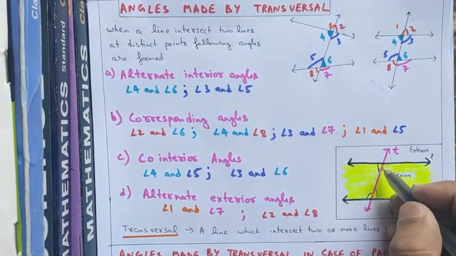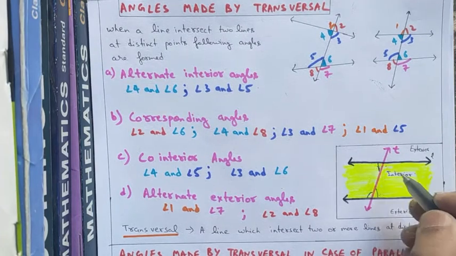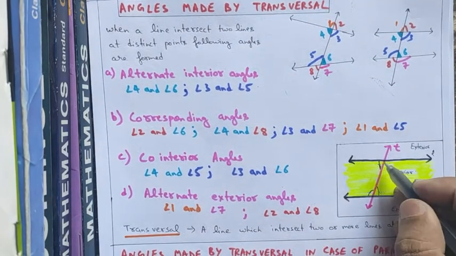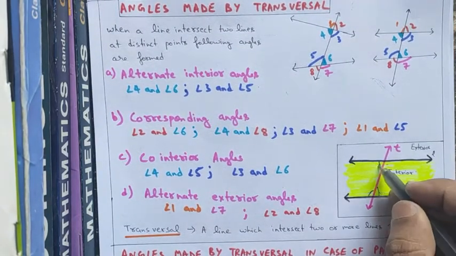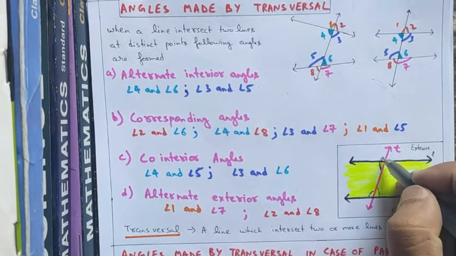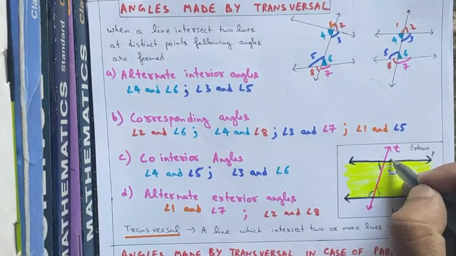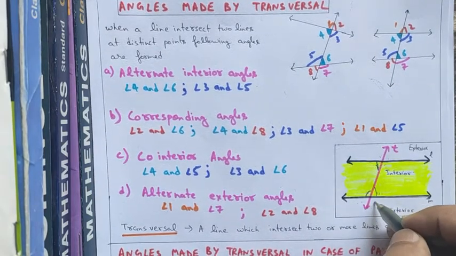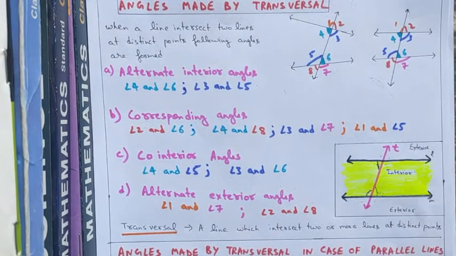Similarly, this and this angle are interior adjacent, but this angle and this angle are alternate interior angles. However, this angle and this angle, this angle and this angle, are in the exterior region, so they are called the exterior angles.